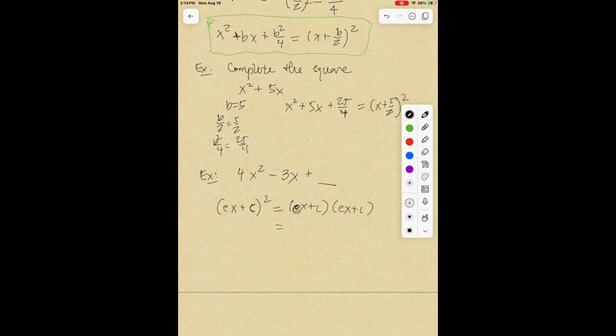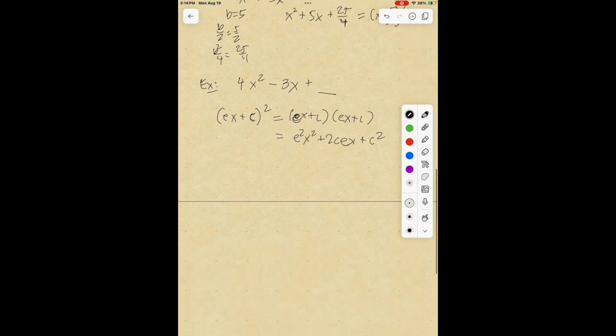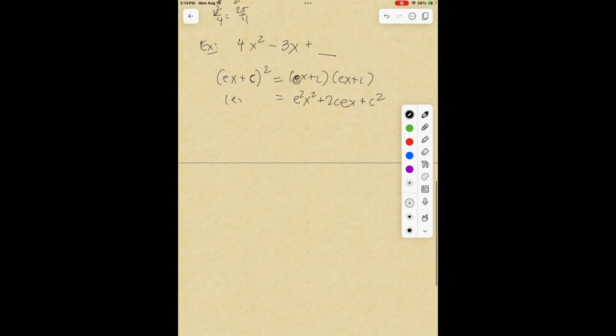When you distribute this, you get e squared x squared plus ex times c plus c times ex, so that's the same as 2cex, and then plus c squared. Okay? So this is ex plus c in parentheses squared. Now in our example, we have 4x squared minus 3x plus something equals something x plus something squared.